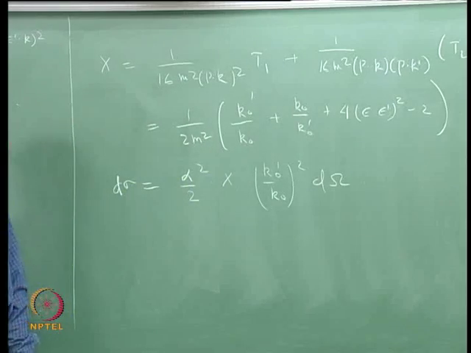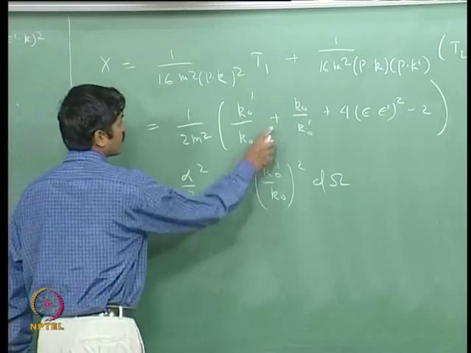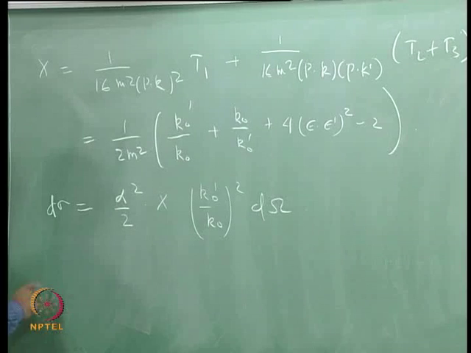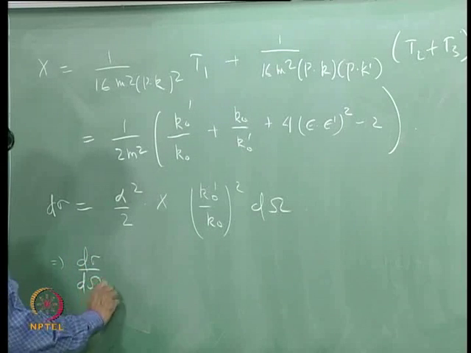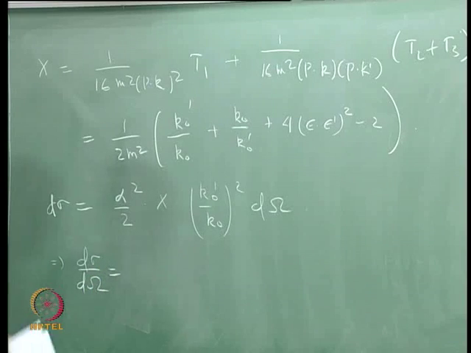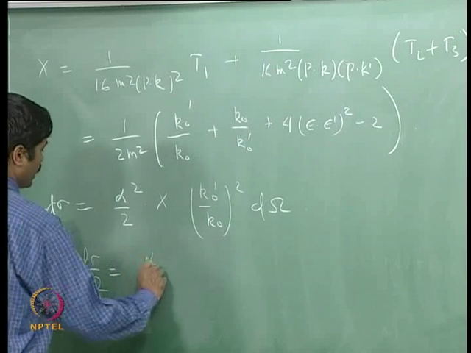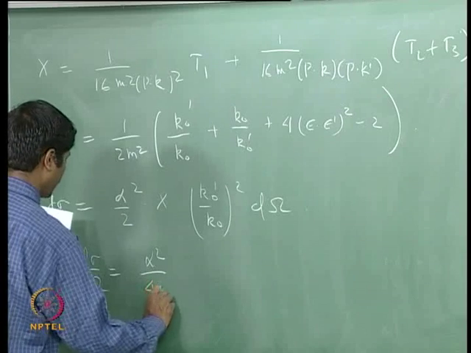If you look at what we have discussed in the earlier part of the lecture, this simply implies d sigma over d omega is equal to alpha square over 4 m square.